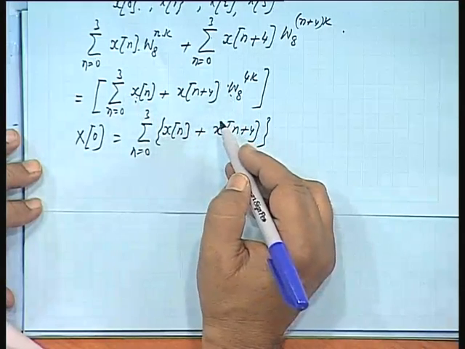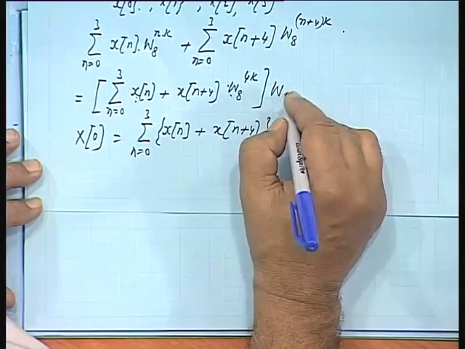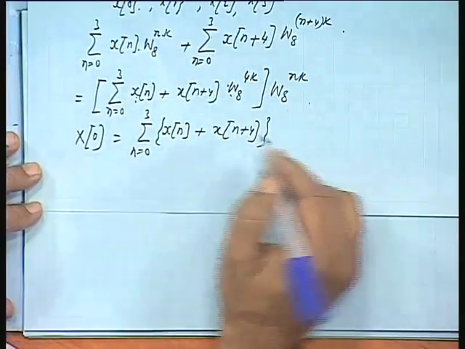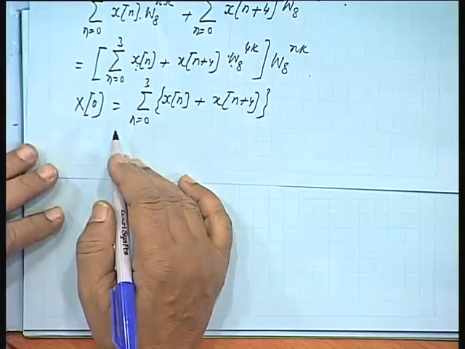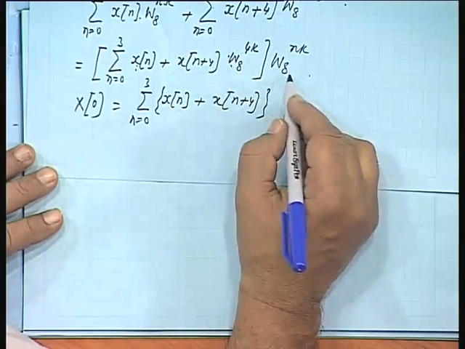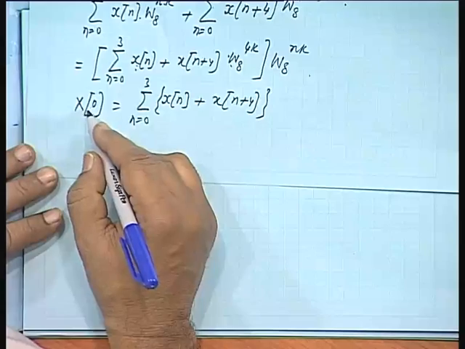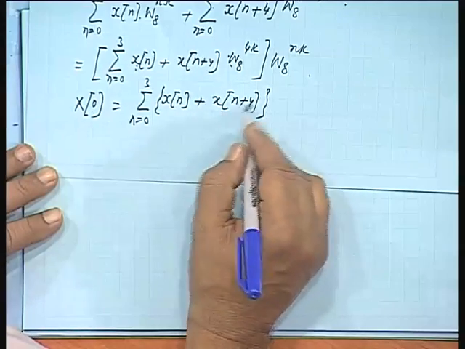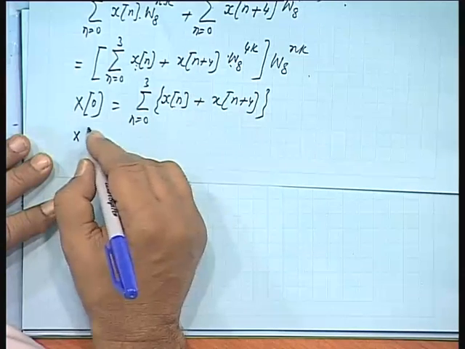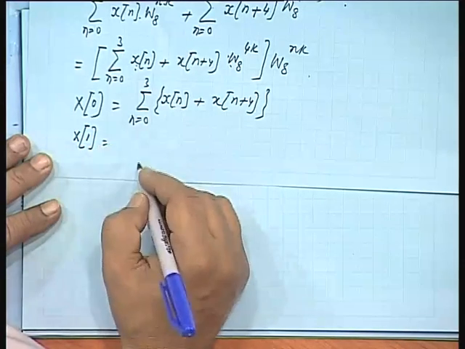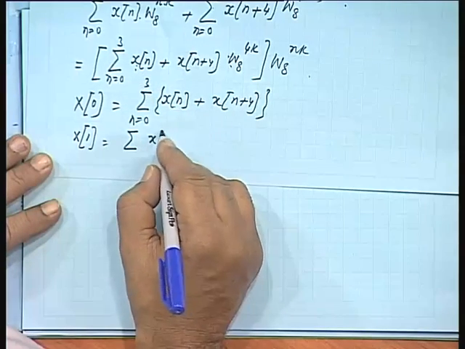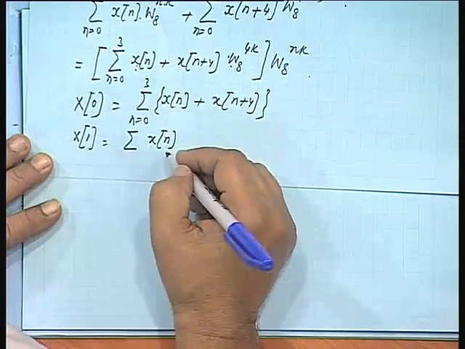So, basically, in the first stage, W 8 n k is a common term. For x n plus 4 with W 8 n k, when k is 0 this will be 1 and it will be just addition, and that is what we have seen. What will be x 1? Let me work out 1 or 2, then it will be clear.